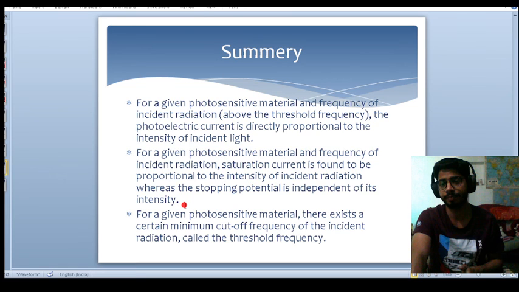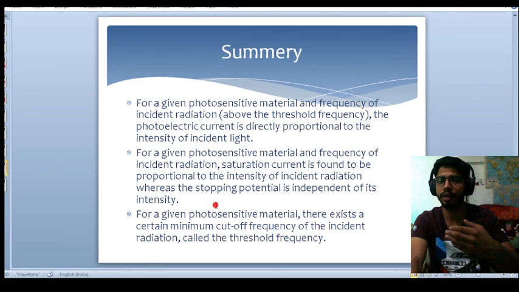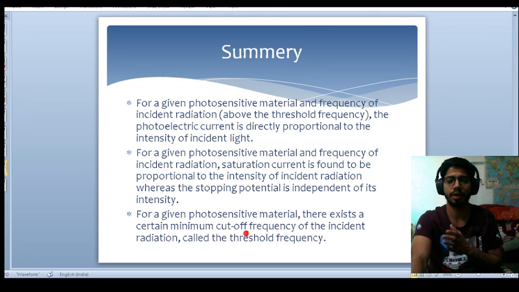It depends upon the kinetic energy, which is determined by the frequency of the incident radiation that you are providing. And for a given photosensitive material, there exists a minimum cutoff frequency of the incident radiation. This is known as the threshold frequency.